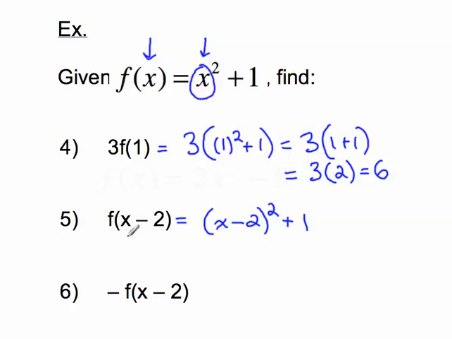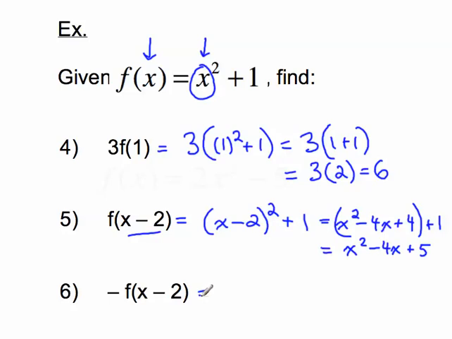We replace the x with x minus 2. So we put x minus 2 in there. We get x minus 2 all squared, or quantity squared, plus 1. Now if we wanted to simplify that, we would FOIL out. We get x squared minus 4x plus 4, and then plus 1 is equal to x squared minus 4x plus 5.